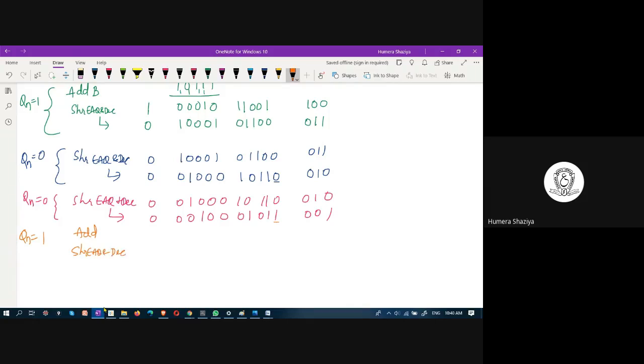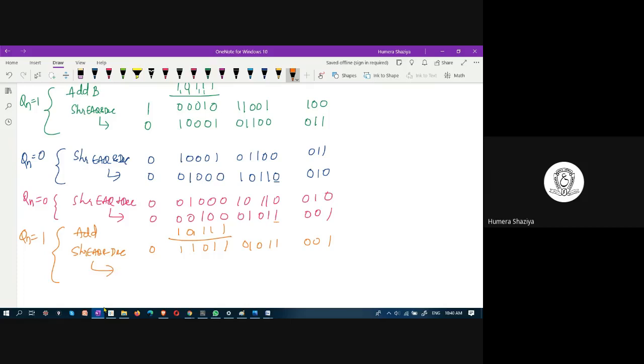Add. What are you adding? You are adding B value to A. What is A? A is this. B is 1 0 1 1 1.